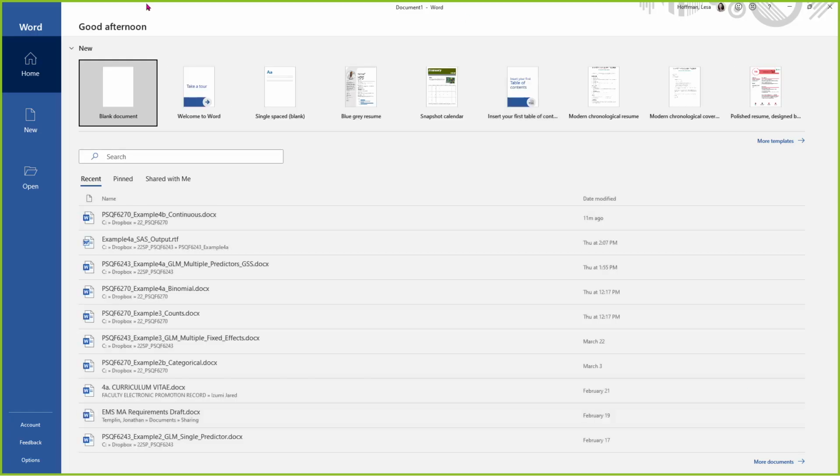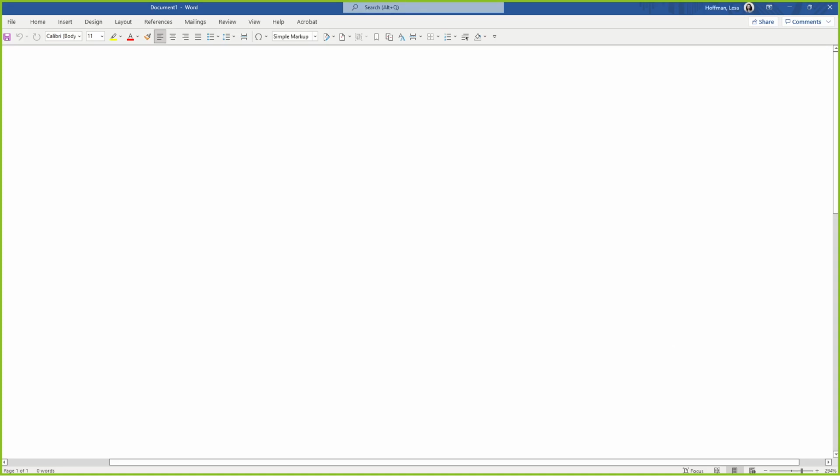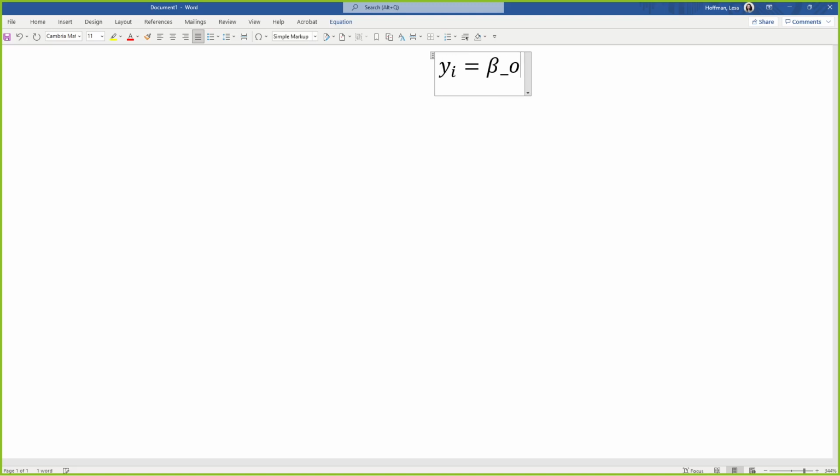Yeah, let me pull up something to type with here. So we have the outcome, number of things tried. We've got beta 0. Do you all remember how to do this, by the way? How to make equations in Office products?